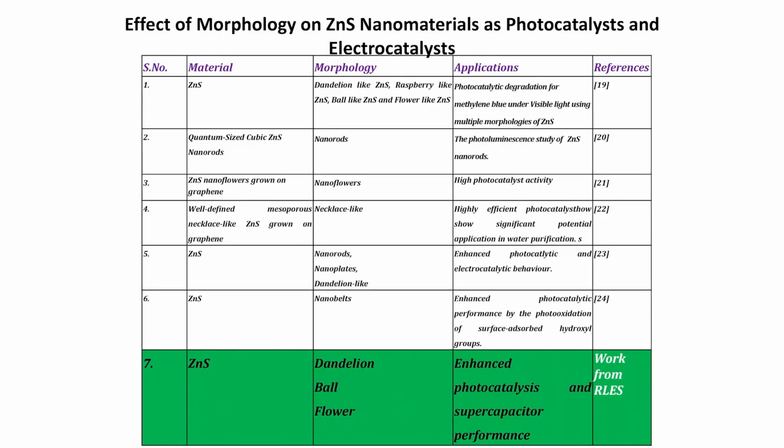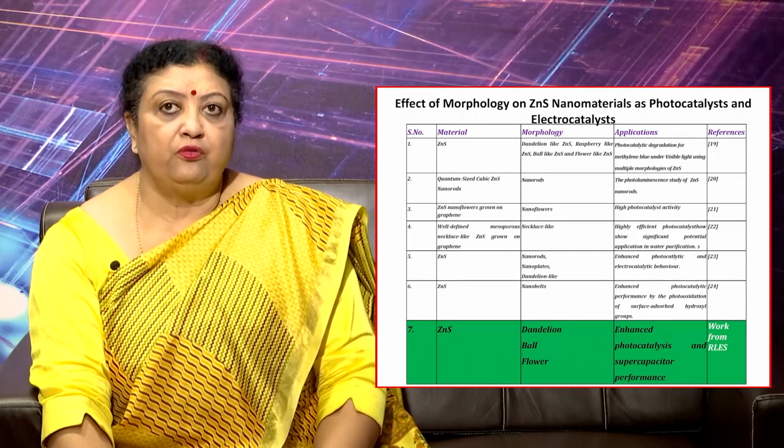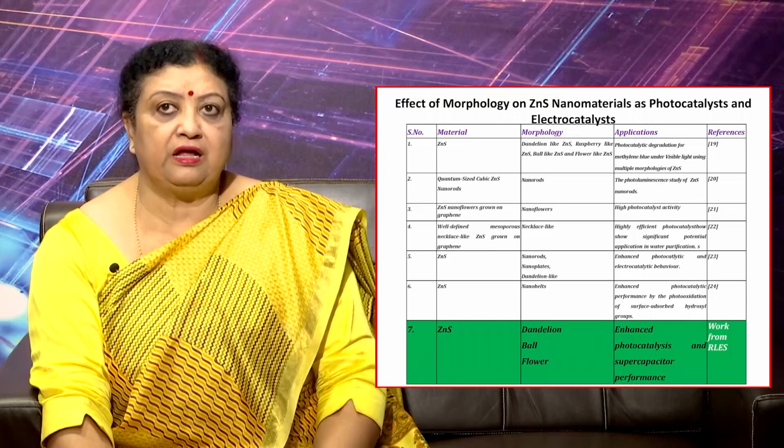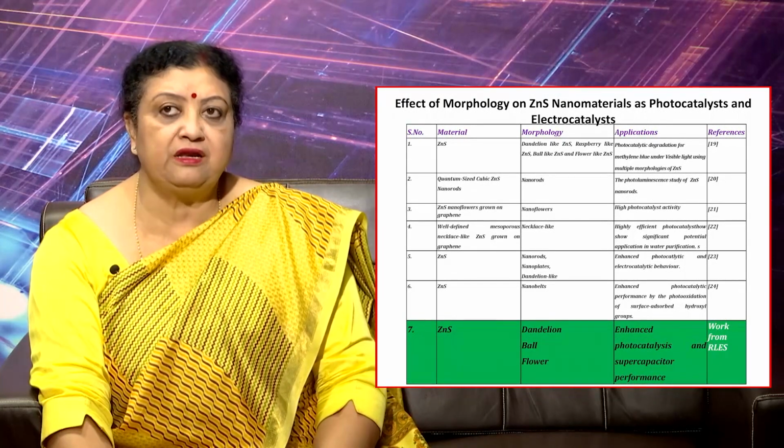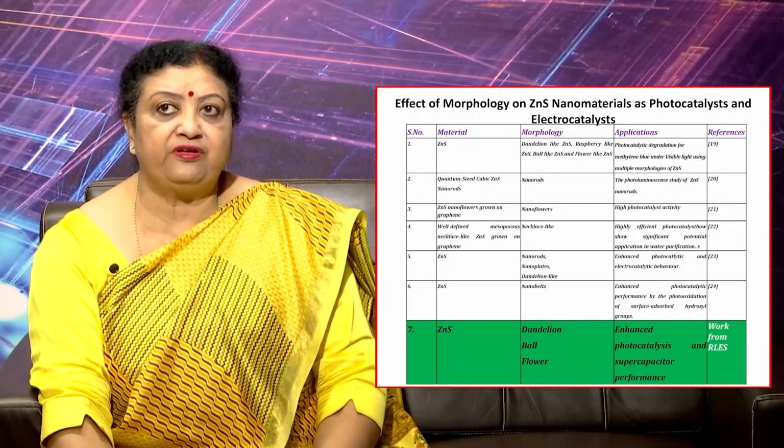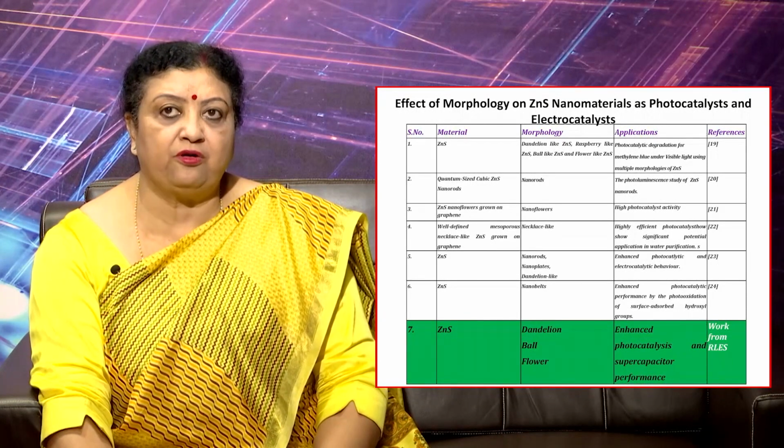So, the effect of morphology on ZnS nanomaterials as the photocatalyst and the electrocatalyst. The materials which we are using, the concerned morphology and the potential application, with references, have been given at the last of my talk.